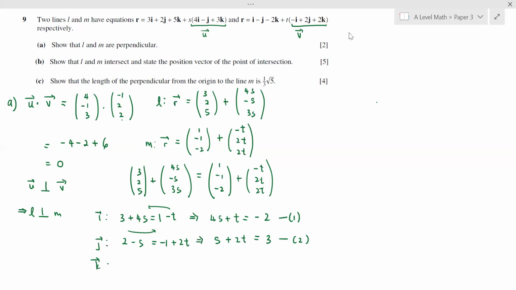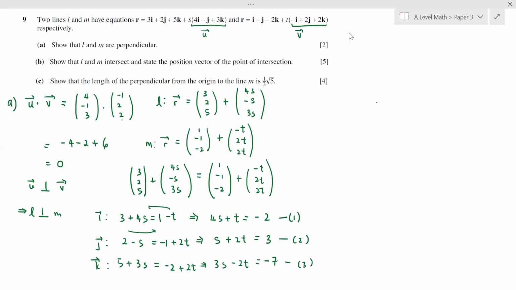And equating components of vector k, 5 + 3s = -2 + 2t. So that 3s - 2t is -7. That will give us equation number 3. There are 3 equations with 2 unknowns.